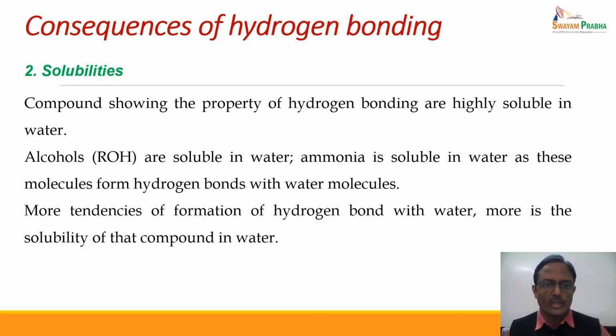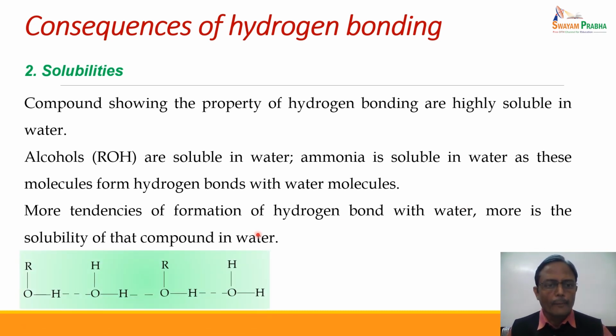hydrogen bond formation. The more the tendency of formation of hydrogen bond with water, the more is the solubility of that compound in water. For example, alcohol can form hydrogen bonds with water molecules. So alcohol can enter into the hydrogen bonding structure of water and so it can undergo dissolution in water.